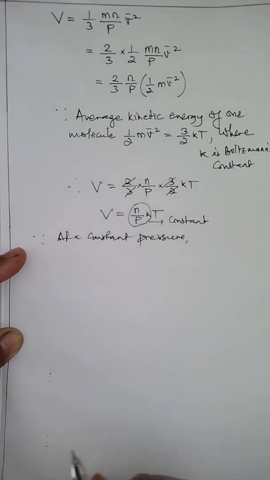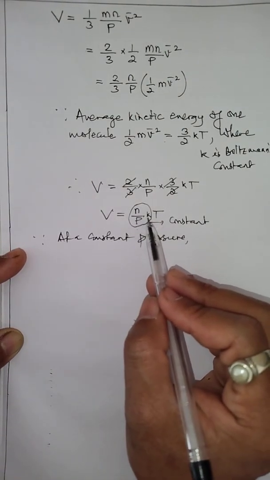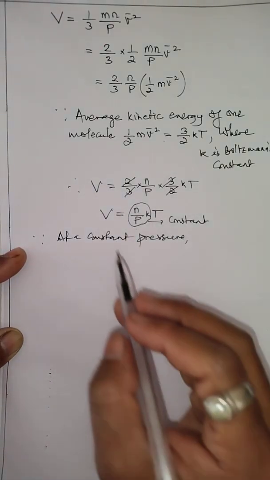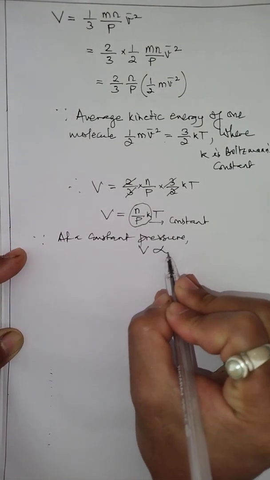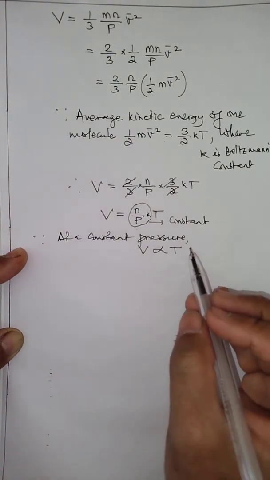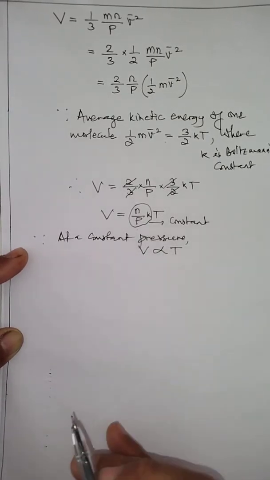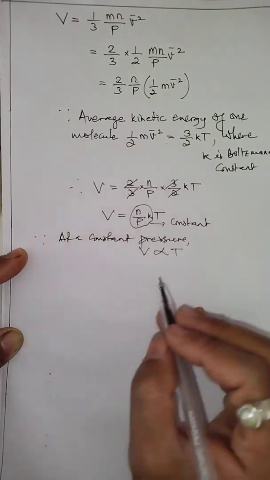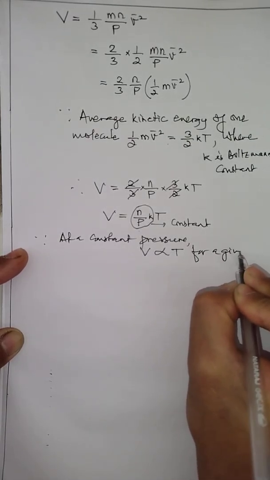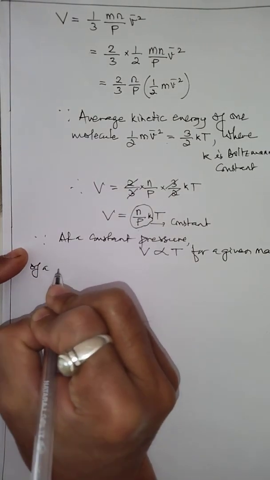At a constant pressure, N is constant, the Boltzmann constant is a constant, P is a constant, so this quantity also remains constant. So at a constant pressure, V is proportional to T. That means if the pressure is constant, then for a given mass of gas, the volume is directly proportional to temperature.